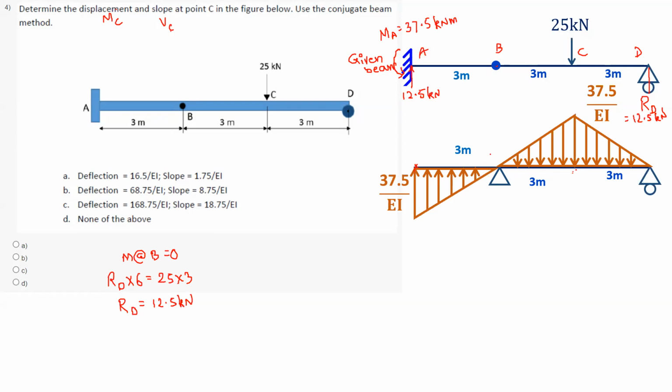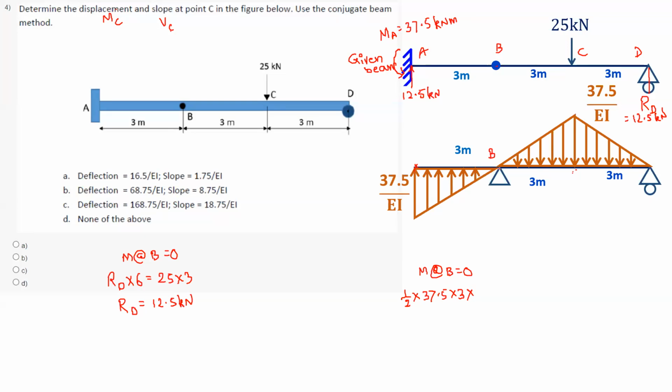Now we will take moment about B equal to 0. We have bending moment due to this, which will be clockwise: 1/2 into 37.5 into 3 into the bending moment.